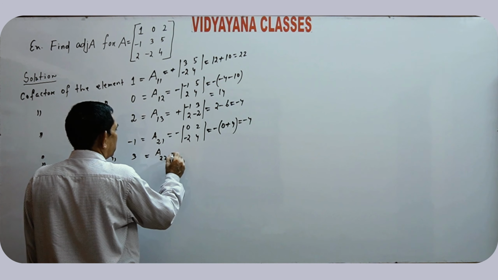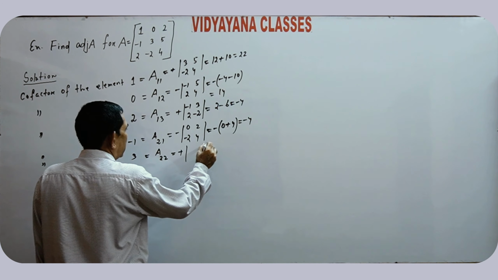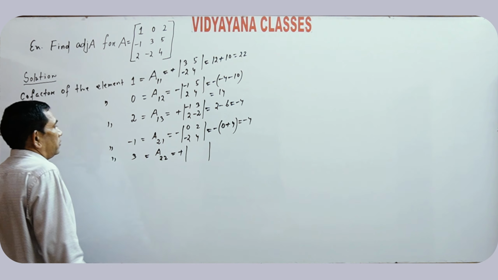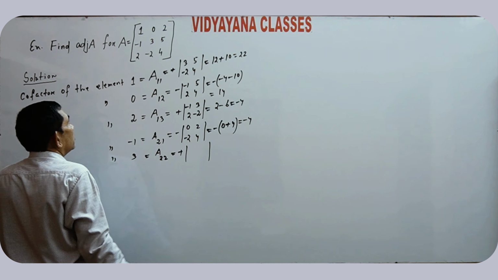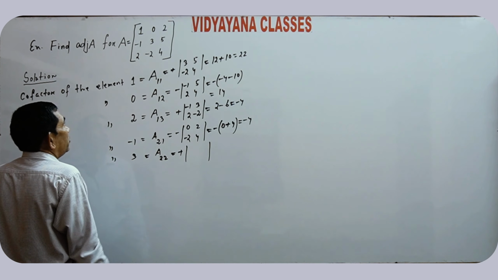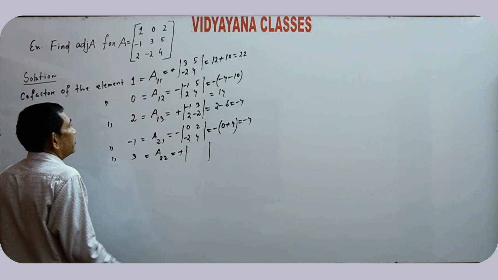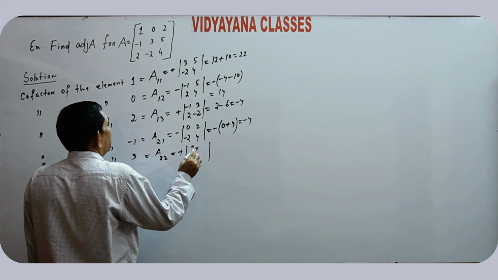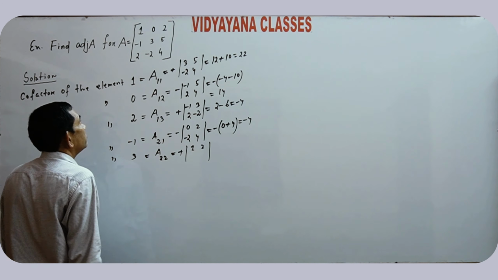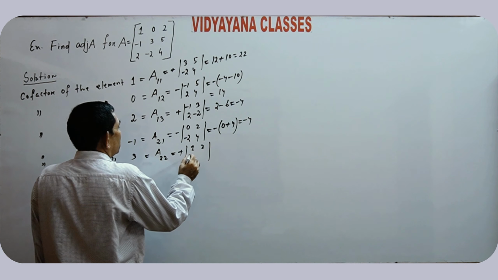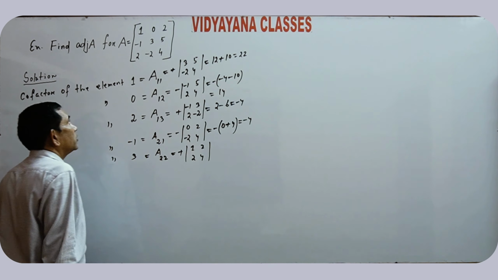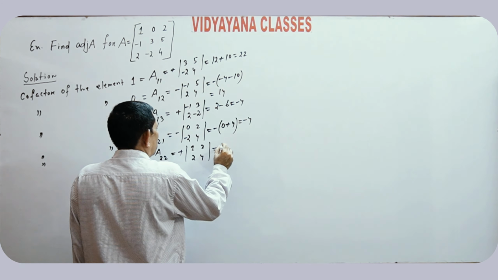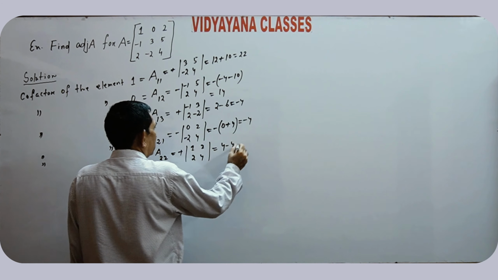Its sign is positive, into the determinant having elements 1, 2, 2, 4. It gives 4 minus 4, that is equal to 0.